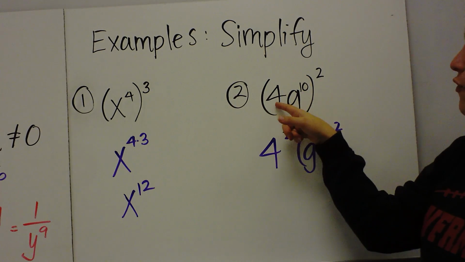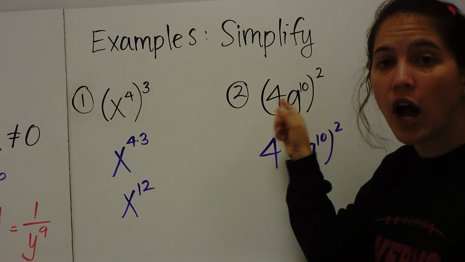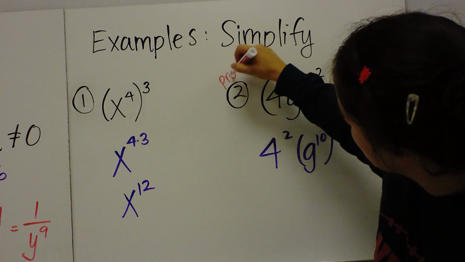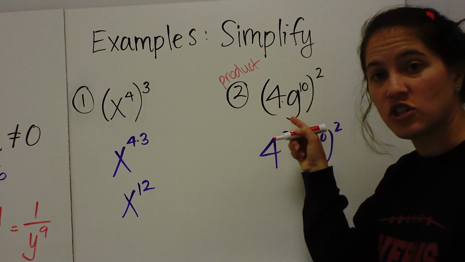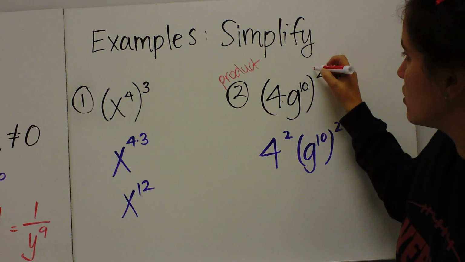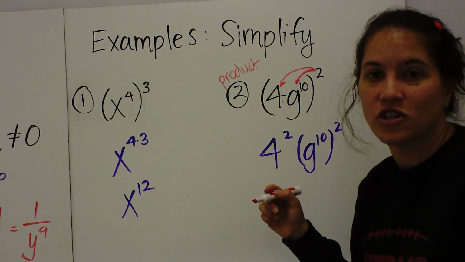Another example is 4g to the 10th raised to the second power. So this is a product in a power. Let's make a note. This is a product in a power, because this is 4 times g. So how you solve this is you kind of distribute. The 2 goes to the 4, and the 2 goes to the g.